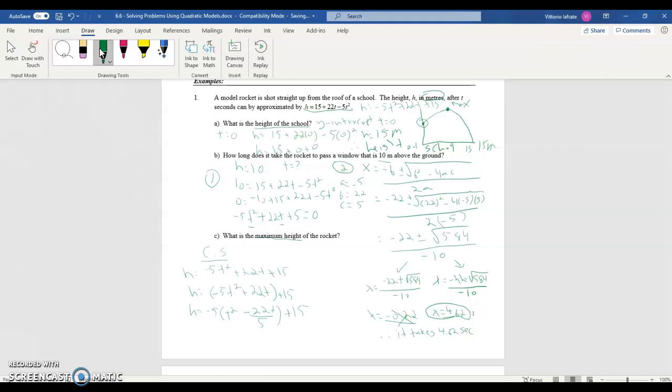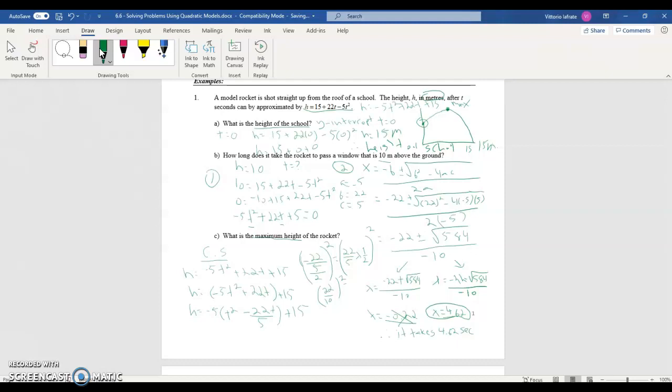We need to find the number to make this a perfect square. So what we're really doing is negative 22 over 5, and this whole thing is divided by 2, squared, which is basically the same thing as saying 22 times half, squared. 22 over 5 times half is 22 over 10, squared.